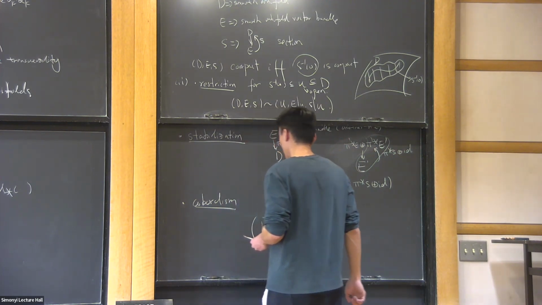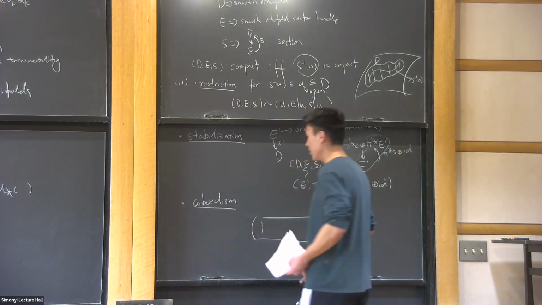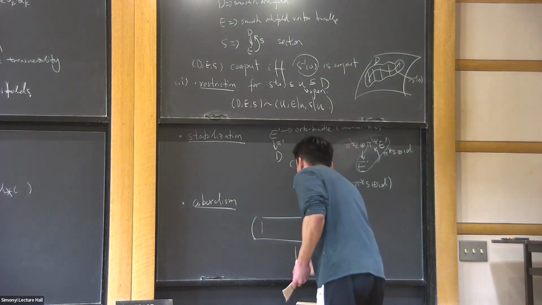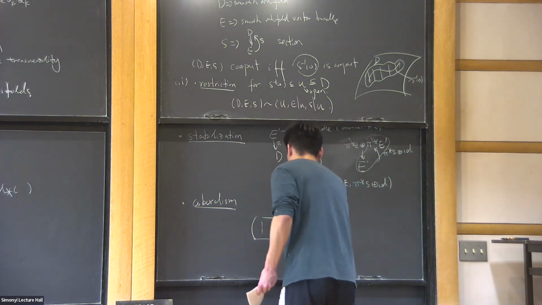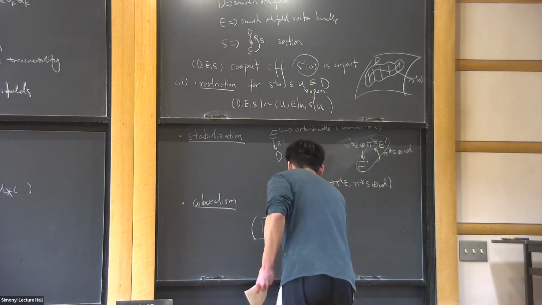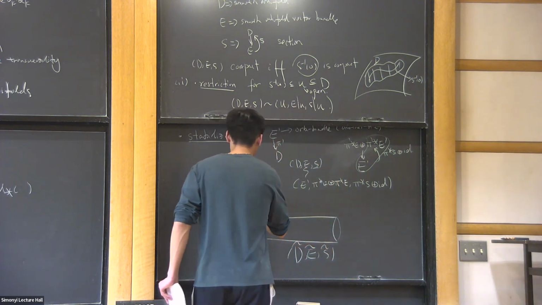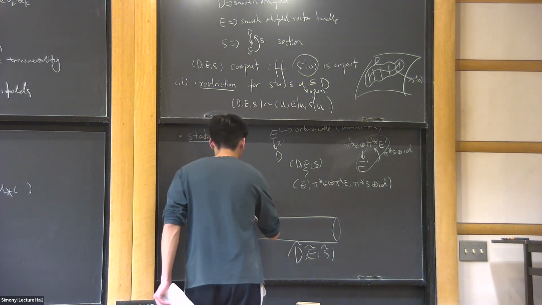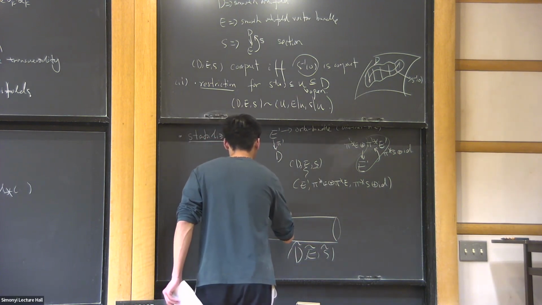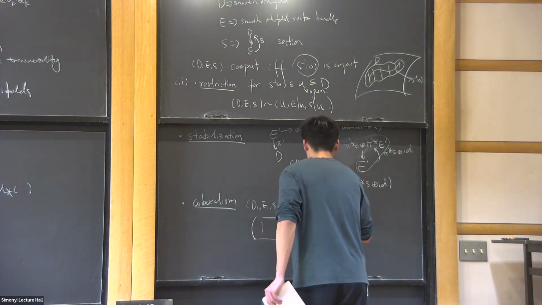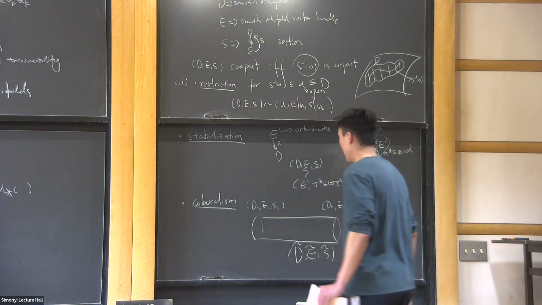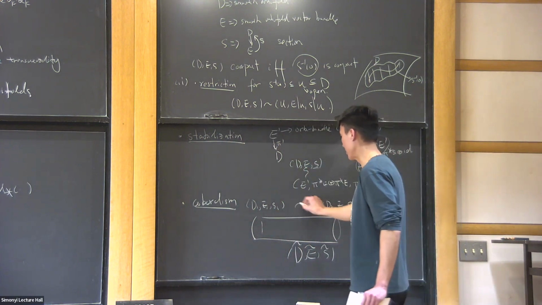Okay, so if I look at cobordism, it means that we are looking at an orbifold with boundary, together with the orbifold vector bundle and the section living over there, such that its restriction to the two boundaries are given by these, and then we declare that they're equivalent to each other.